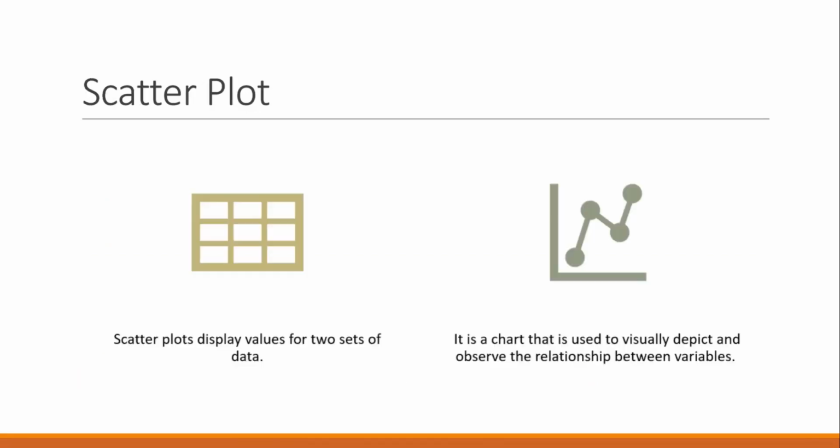So, a scatter plot displays values for two sets of data, and it is a chart that is used to visually depict and observe the relationship between two variables, and the variable values are indicated by dots.